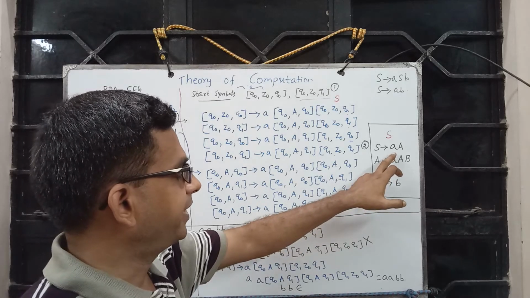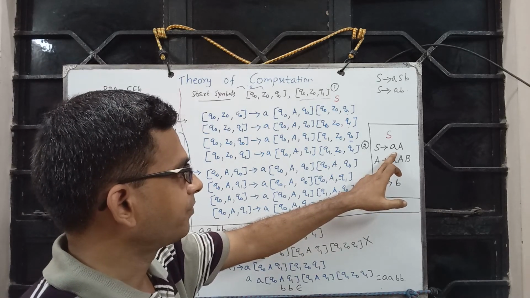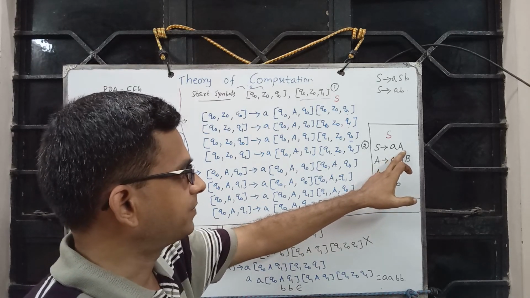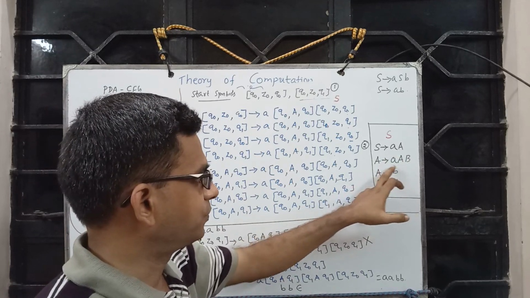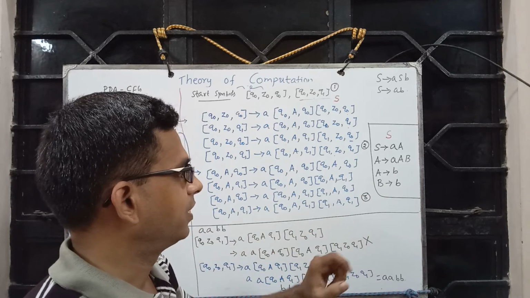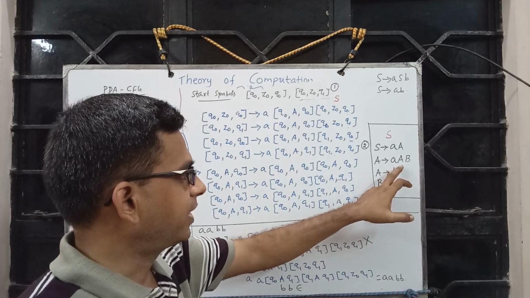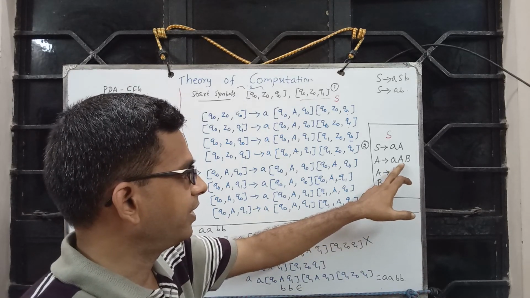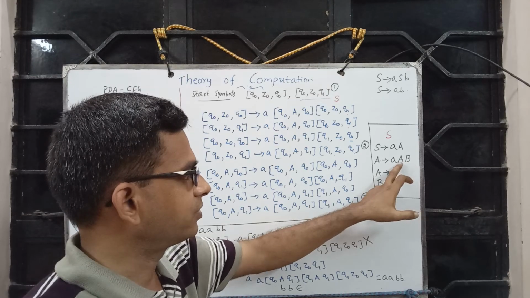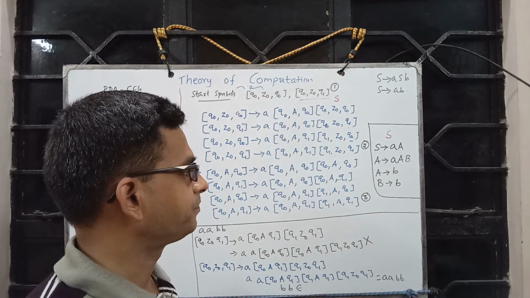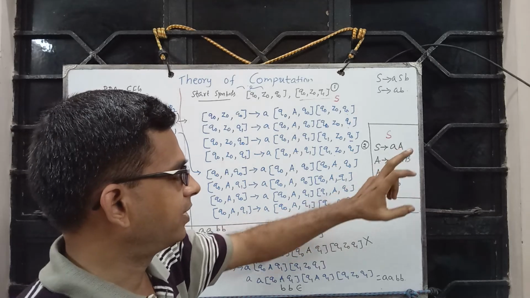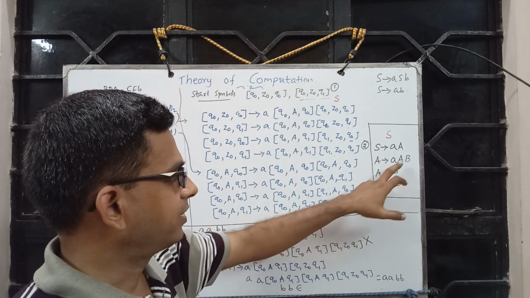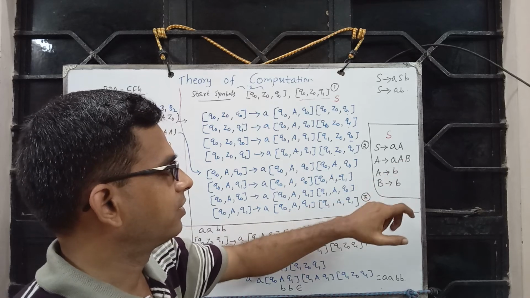So first PDA reads one A, and then it looks for subsequent A's. So that's precisely is what this says. But this is so careful that for every A, one B is also there, so that you can match later. And if you want to terminate, you take this and terminate, or you take this, substitute and terminate.